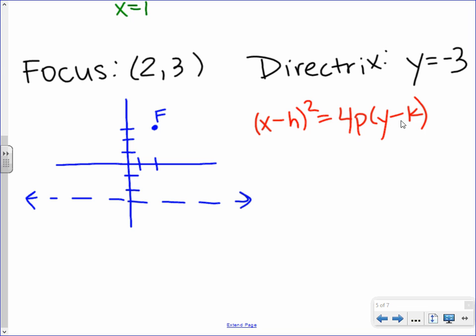They are both equidistant from the vertex, so we can take this distance, which is what? 6, and we can cut it in half. So our vertex should be 3 away from each of those. So we can fill that piece of information in.